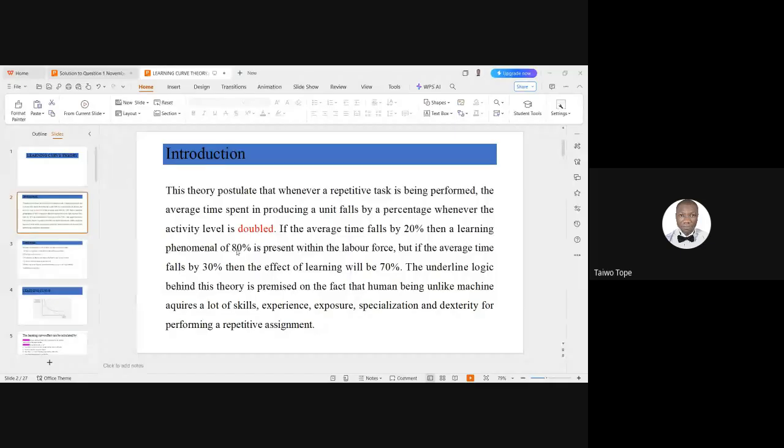So that is learning curve. In other words, I will say that learning curve is the more you do something, the faster and cheaper you become at doing that thing.